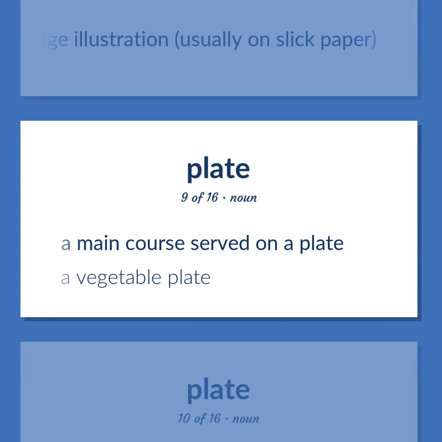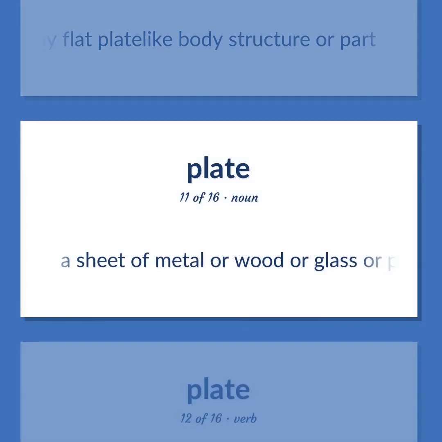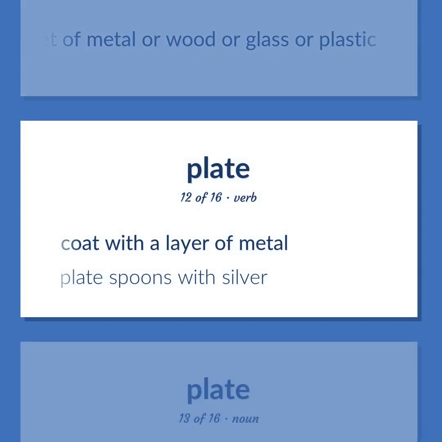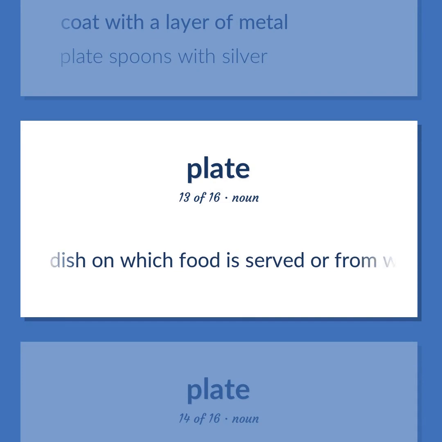A vegetable plate. Any flat plate-like body structure or part. A sheet of metal or wood or glass or plastic. Coat with a layer of metal. Plate spoons with silver. Dish on which food is served or from which food is eaten.